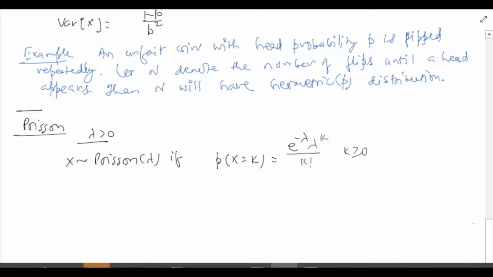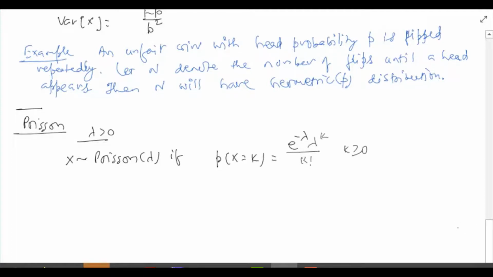This was one of the random variables that we saw in the last lecture, and there we saw that the expectation of a Poisson random variable is lambda and its variance is also lambda.